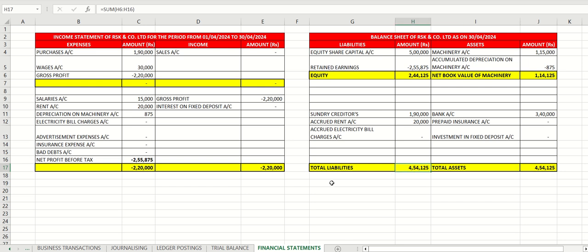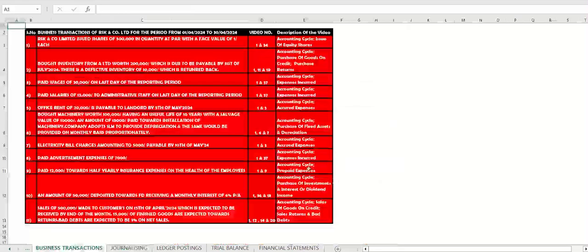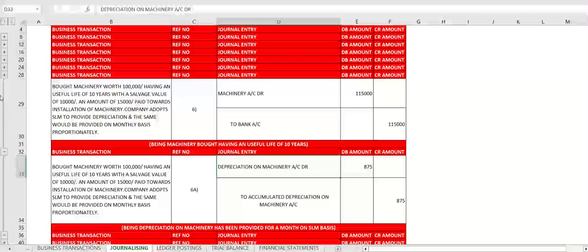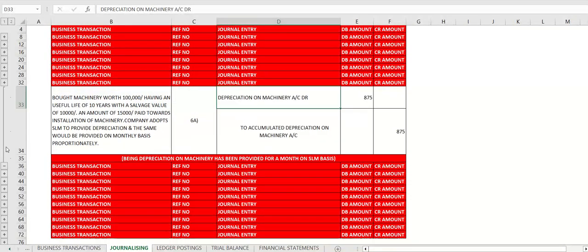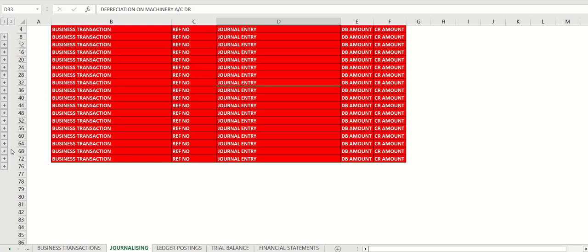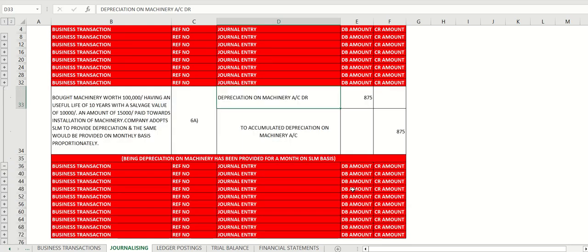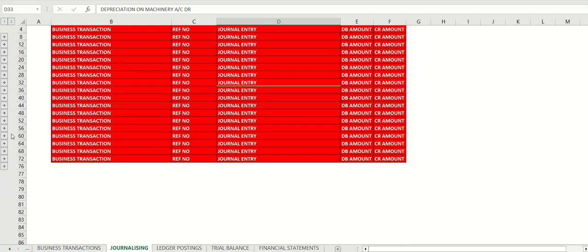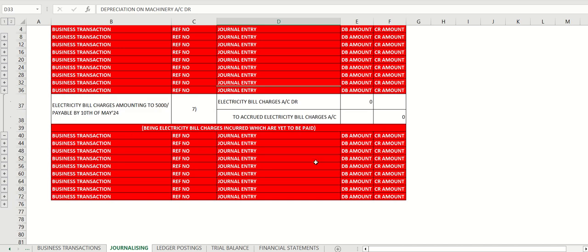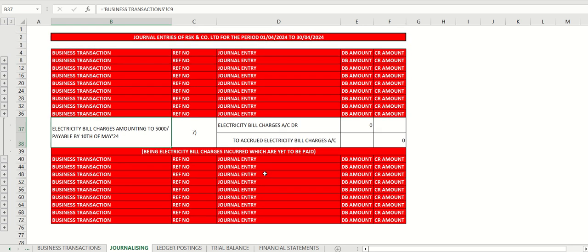Now let's move to the next business transaction. Electricity bill charges: paid electricity bill charges amounting to 5,000, payable by 10th of May 2024.